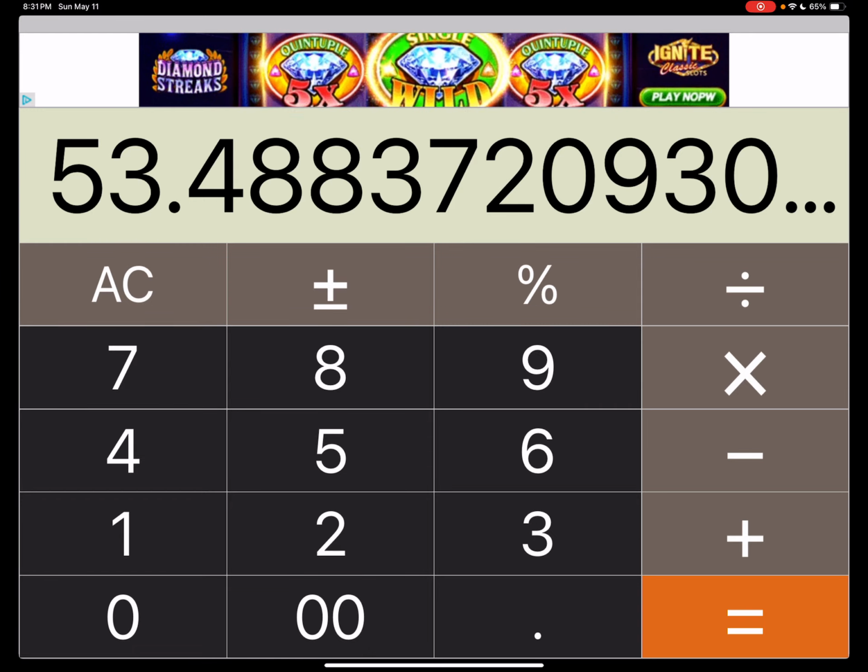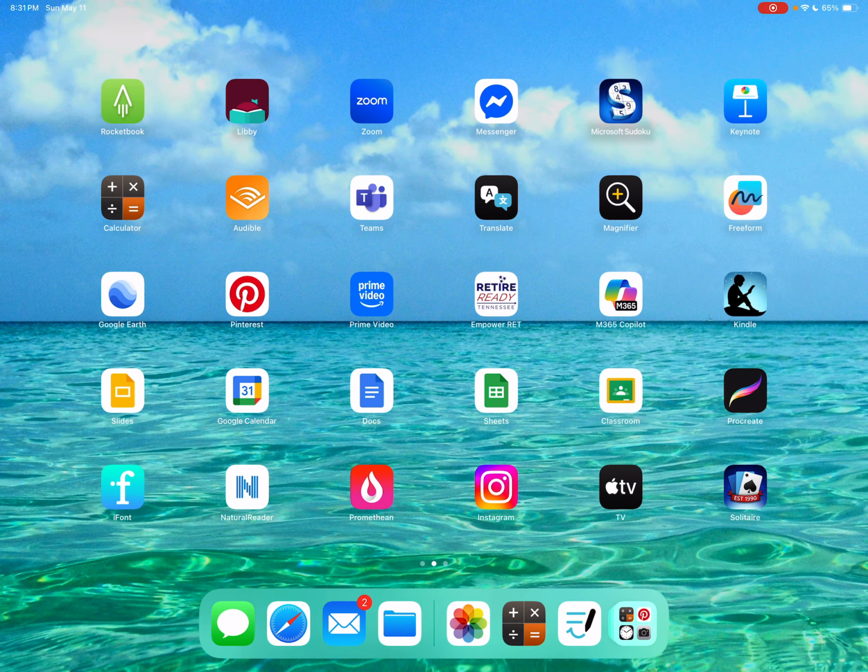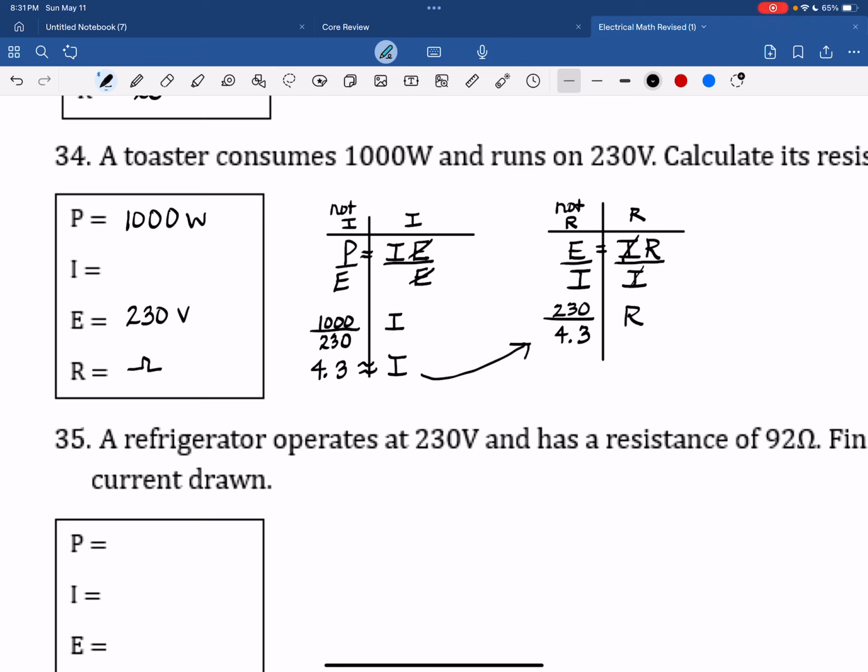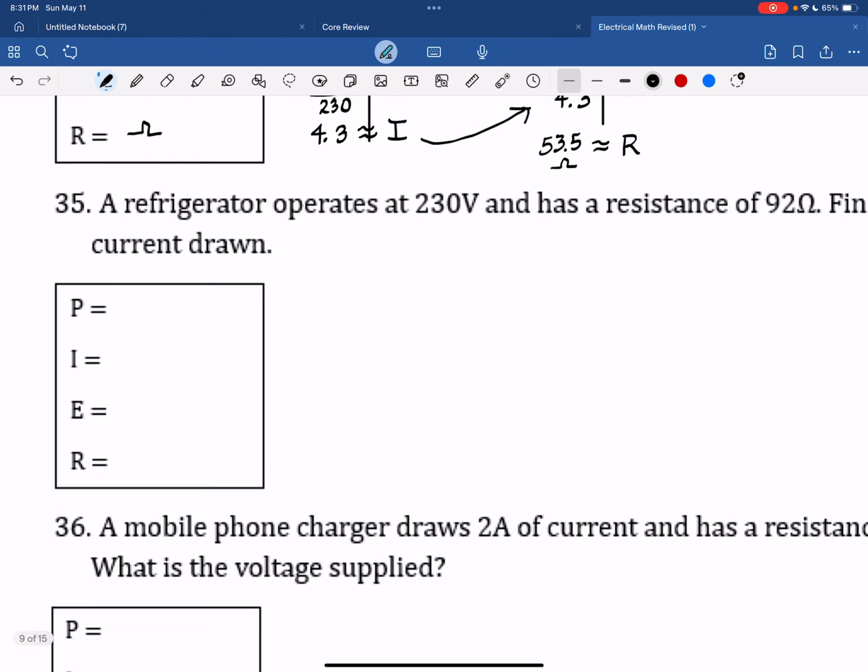It's about 53.5. Let's just round it. So I'm going to say that it is approximately 53.5 ohms. This is one where the ohms wheel would be a lot easier. But if you don't have it or you can't remember how to use it, this will get you there.